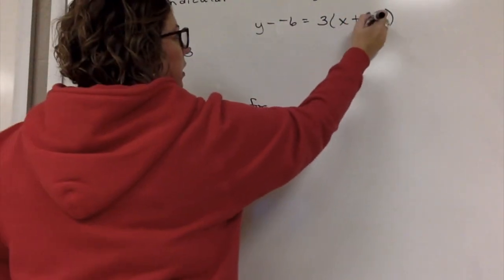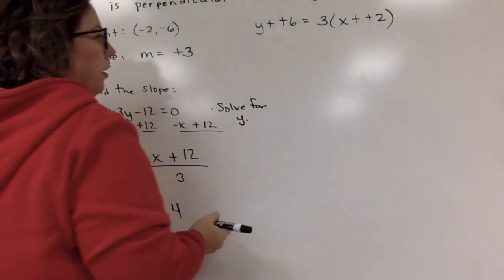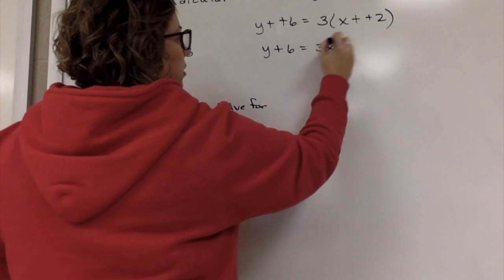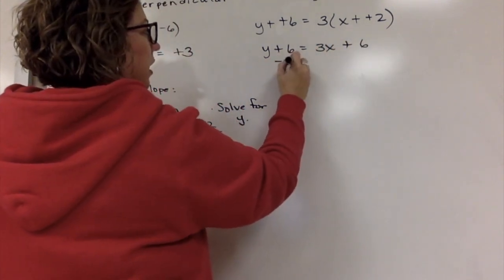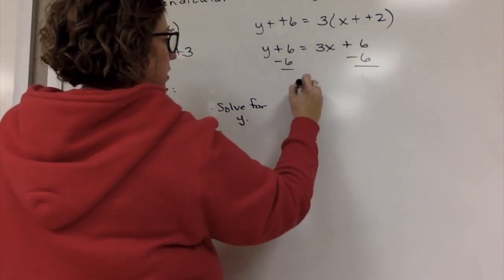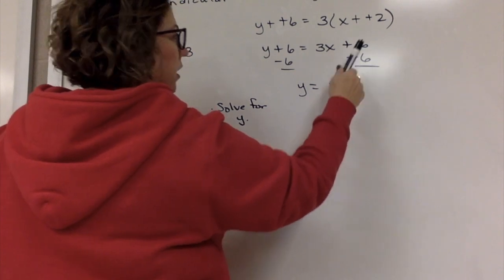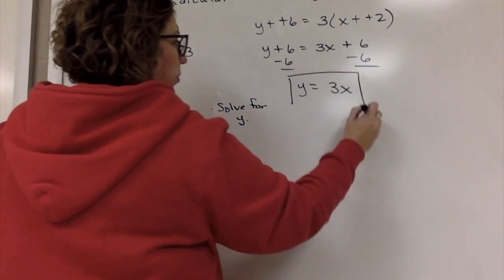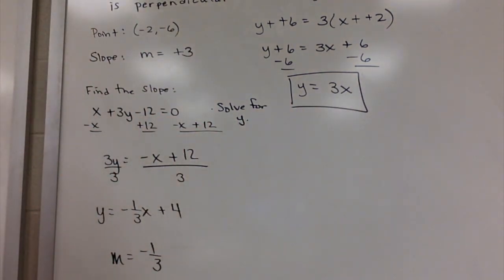And then we change this into slope-intercept form, again, by distributing. So that's 3x plus 6. And then I'll subtract 6 on both sides this time. So I get y equals 3x. Plus 6 minus 6 is 0. So I really just get y equals 3x. Okay. So that's going to be information about writing equations of lines that are perpendicular.